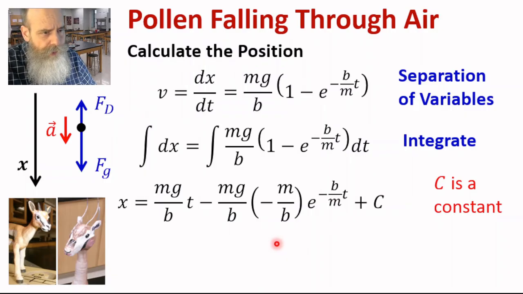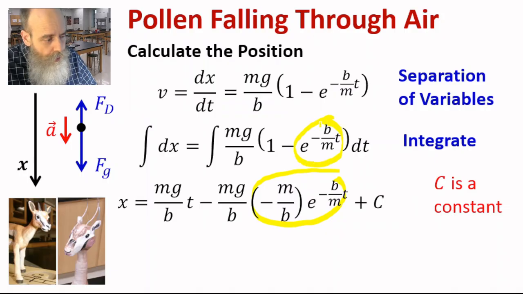If we differentiate the result of an integral, we must get what's inside the integral. So if we differentiate this, we must get this. If that is true, then this is the solution of the integral.